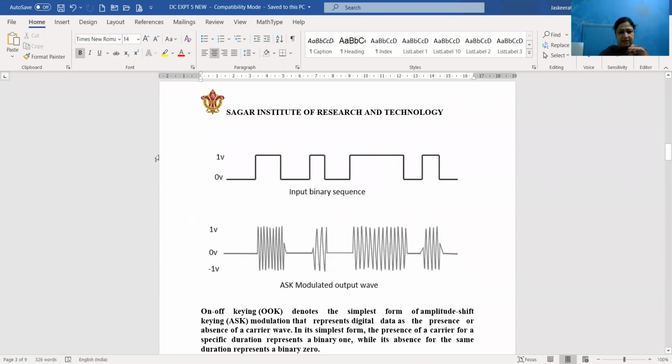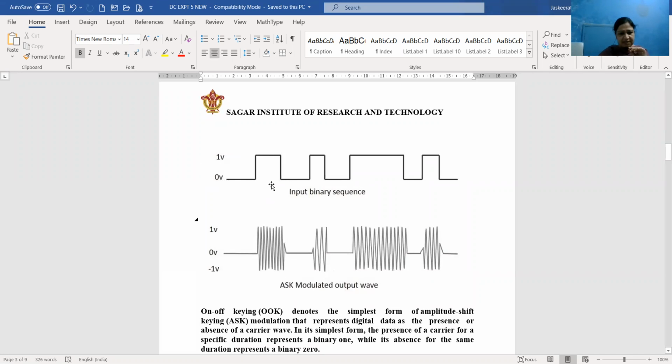Here we can see the message signal, which is represented by 0 and 1 bits, where 0 is represented by 0 level and 1 is represented by a positive level. Now we have the ASK modulated output wave here. When the message signal is 0, the modulated signal is represented by a signal of 0 voltage.